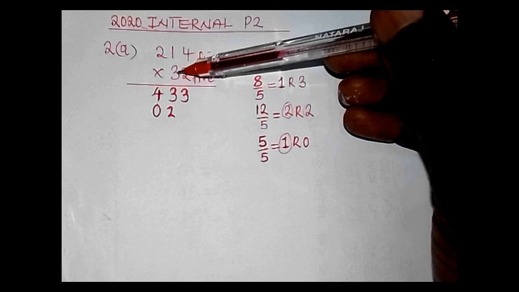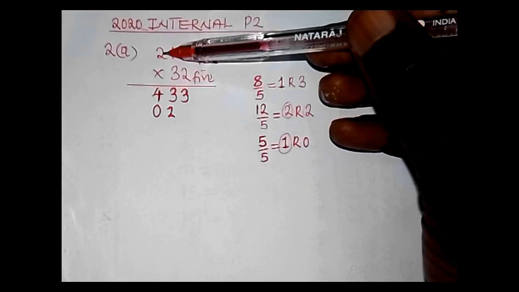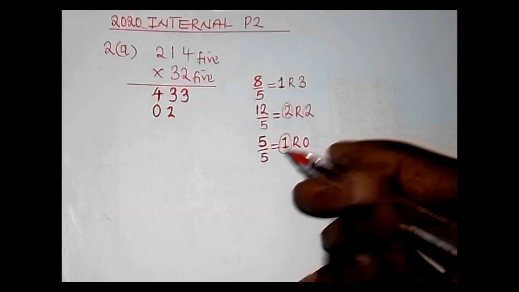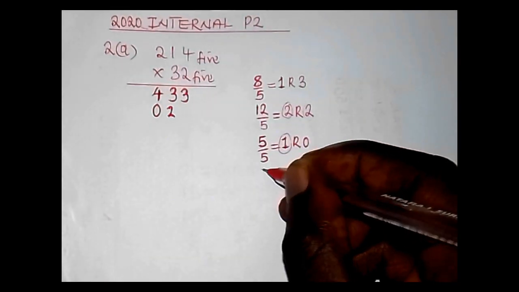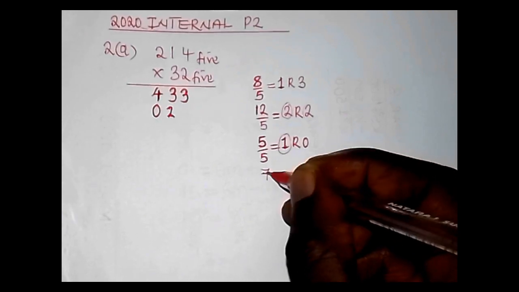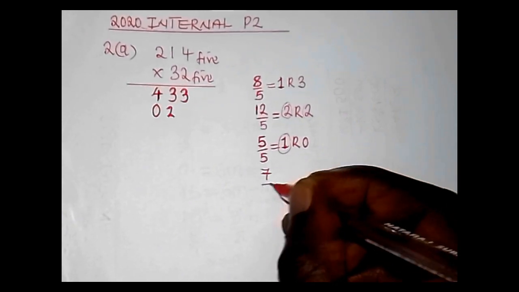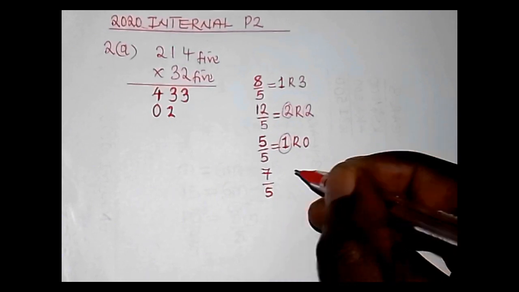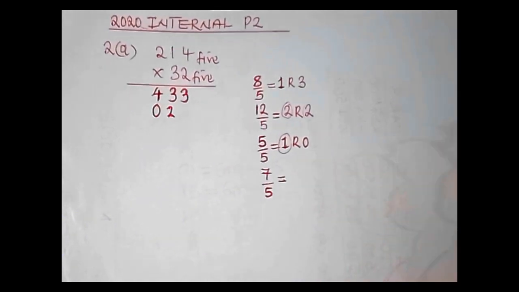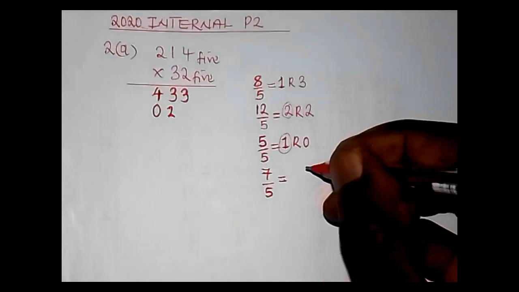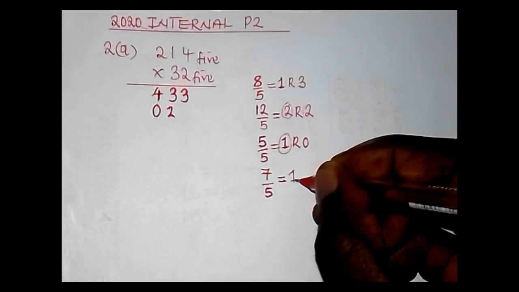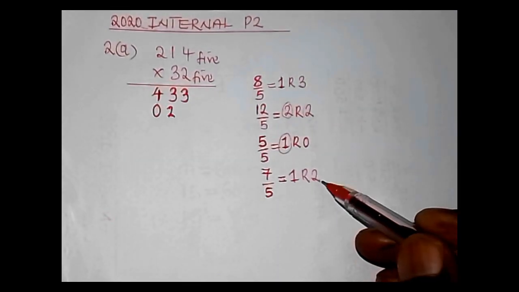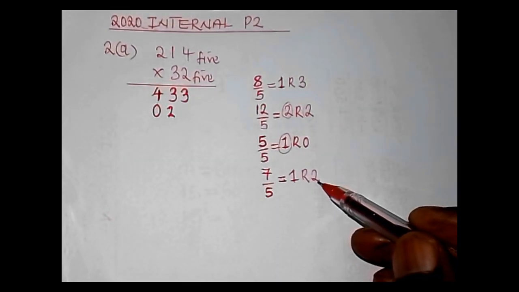What is 3 times 2? 3 times 2 is 6, plus the 1 we left, that gives us 7. 7 is more than 5, so we have to divide. 7 divided by 5 goes in once, remainder 2. So we start with 2.